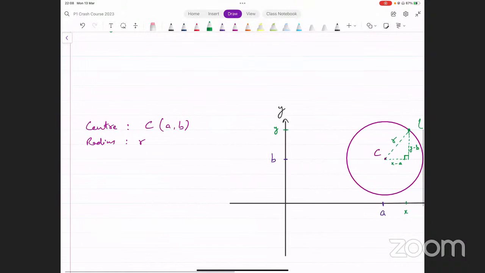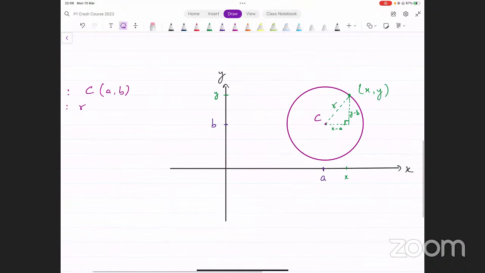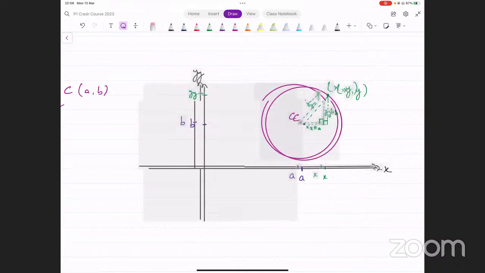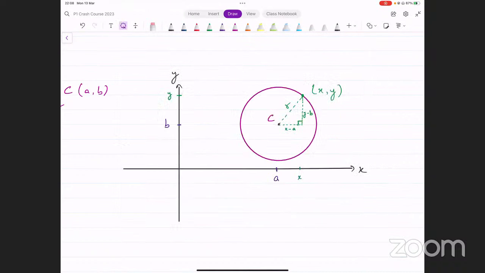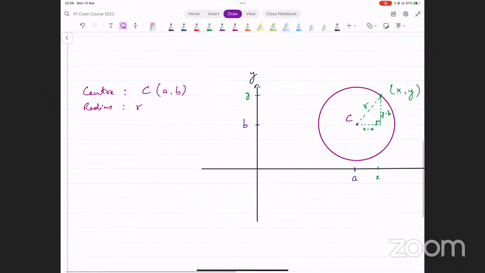So we could connect x, y, and r like this: x minus a whole squared plus y minus b whole squared, that's base squared plus perpendicular squared, equals hypotenuse squared. The hypotenuse is r, so that's r squared.